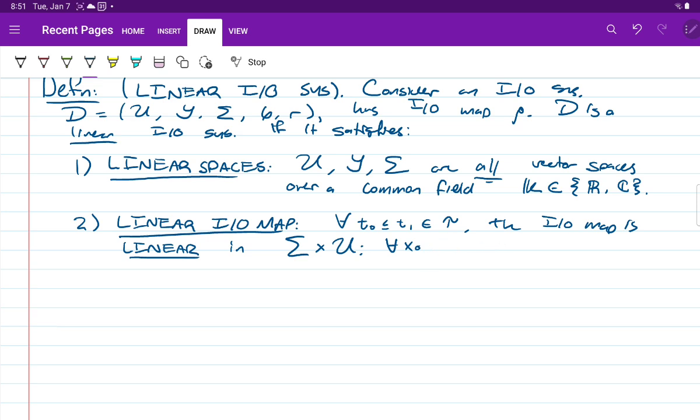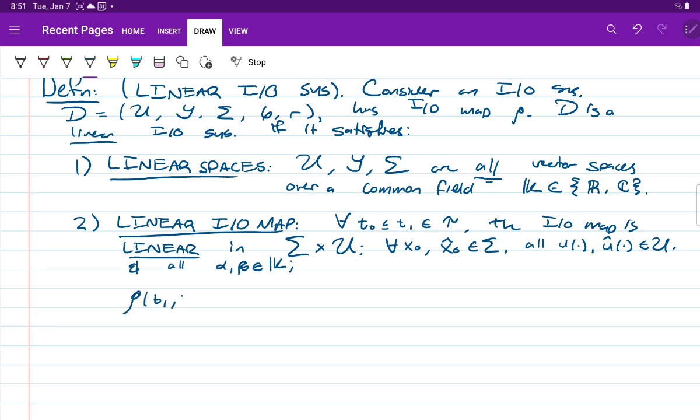let me specify two initial conditions actually. For all x0 hat in sigma, all u hat in my input space, and all scalars, all elements of our field, alpha, beta in K, what I have is the following property.